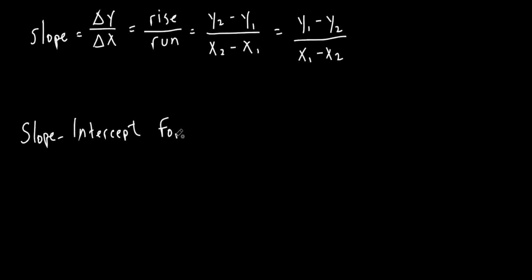Now this is a pretty practical form. Well, it depends on what they give you. That first one, I said it wasn't very practical, but if you're just trying to find the x and y intercepts, then yeah, it is pretty practical. You set x equal to 0, set y equal to 0, and so forth. Slope-intercept form is pretty useful because you can just look at it and basically graph it.